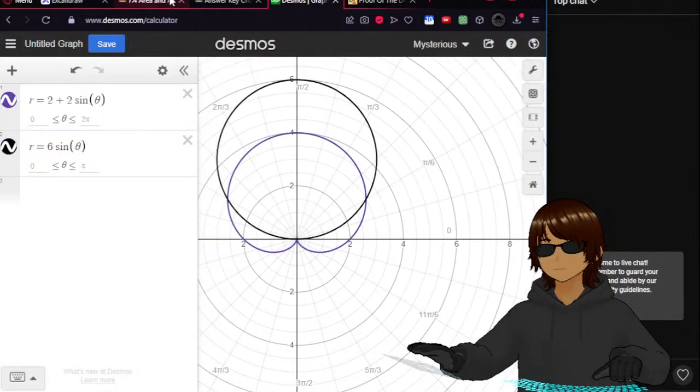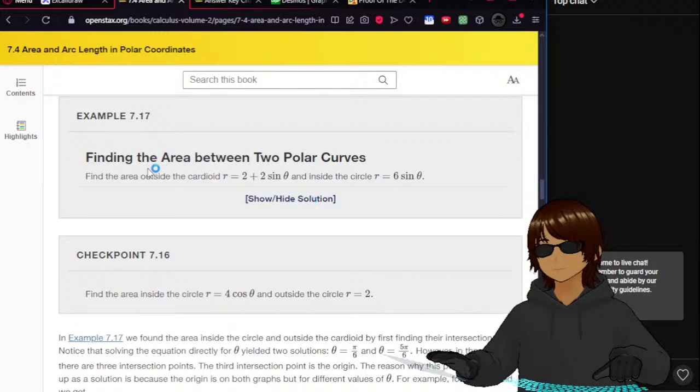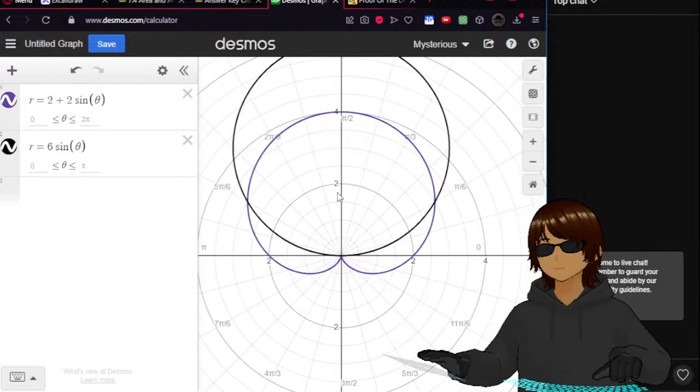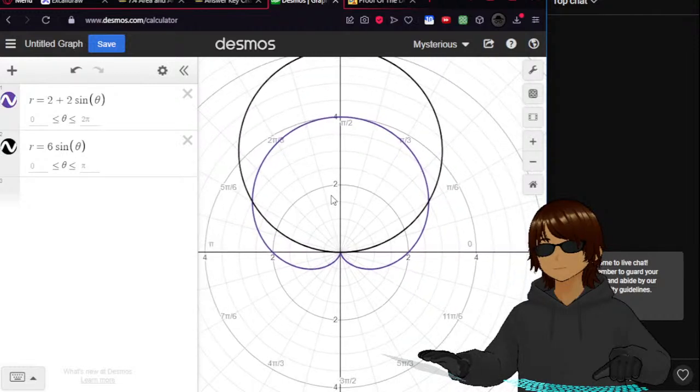Find the area outside the cardioid and inside the circle. So we take the area of the circle, then subtract it from the area.